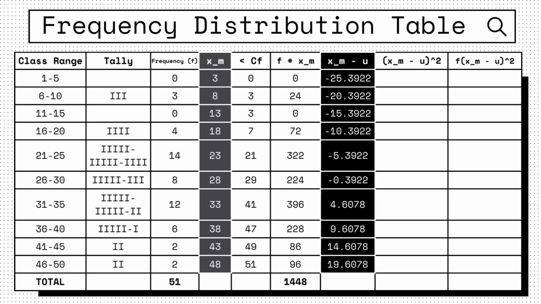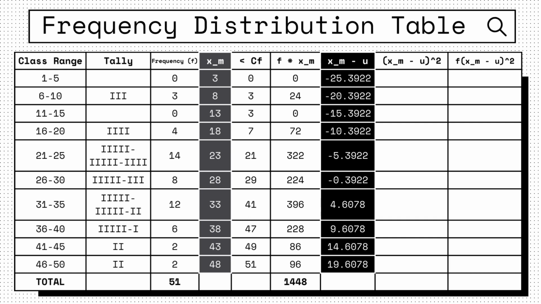Going back to our seventh column, we will need to subtract the mean, which is 28.3922, from each x sub m. For the first class range, 1 to 5, it is 3 minus 28.3922, which is equal to negative 25.3922.